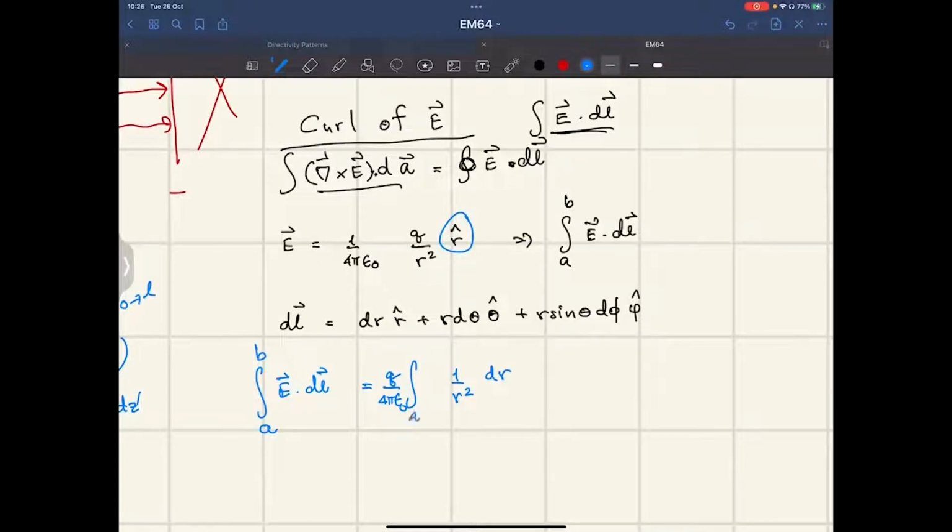So our integration from A to B, what do we have? We have 1 over 4 pi epsilon naught Q times 1 over R A minus 1 over R B. This is the result of the integration. You can think of it like this. Let me draw a picture for you.